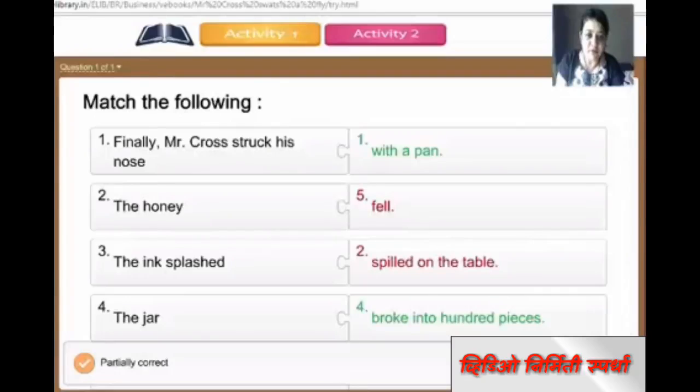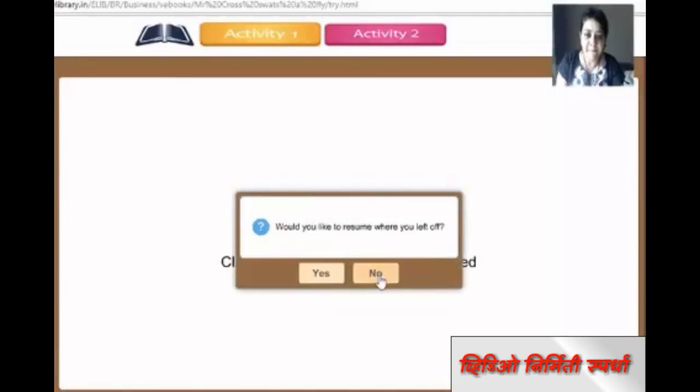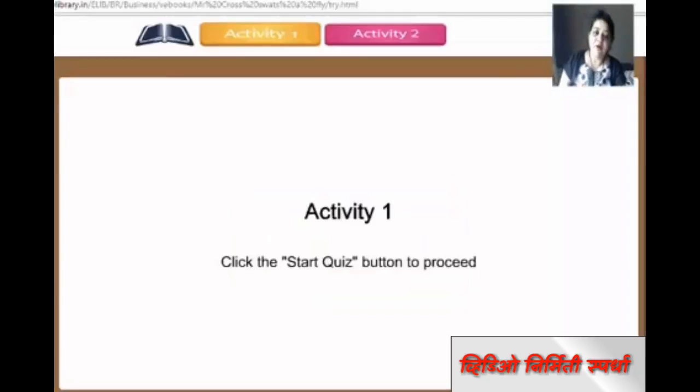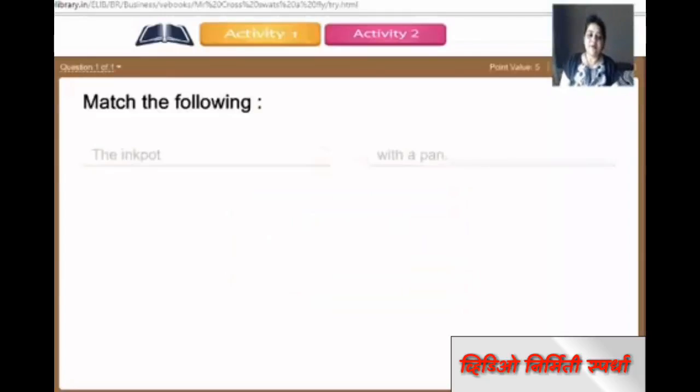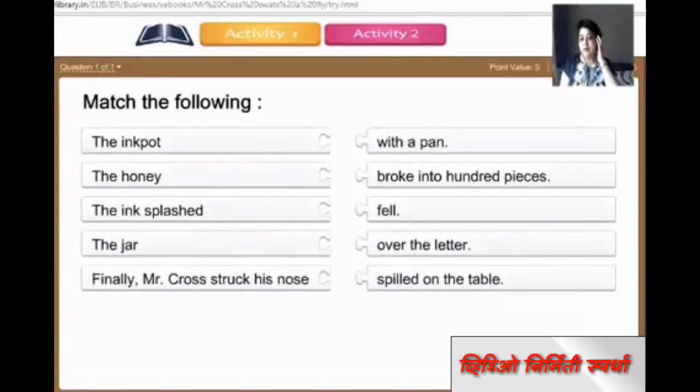We are going to do this exercise again. Now again we start the quiz. Okay. Now the number of the sentence is changed.